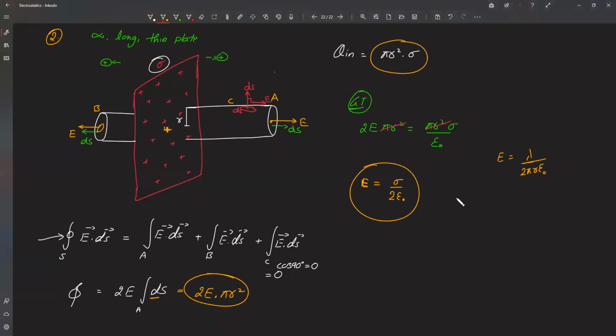So there is epsilon naught in the denominator in both the cases, but for linear charge, the distance from the charge matters, while there is no such thing in case of surface charge density or surface charge distribution. Okay, so that is about the electric field due to a surface charge.